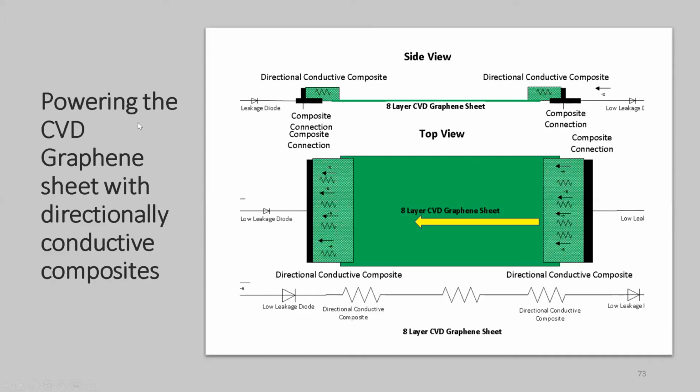So what we use is something called a directional composite. And there's a number of papers out there on how to make them. They're basically epoxies that you process in a magnetic field or an electric field, using either magnetic nanoparticles or micron particles of different shapes, usually platelets.